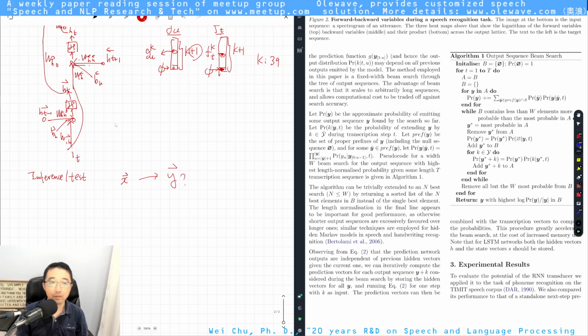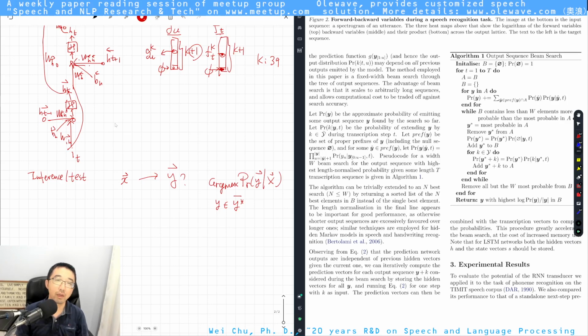Basically, I think it's about getting the maximum probability of the sequence given the input, and remember that the Y belongs to the Y star head.